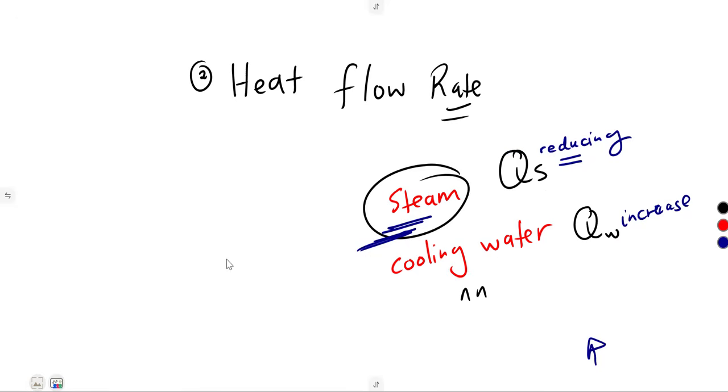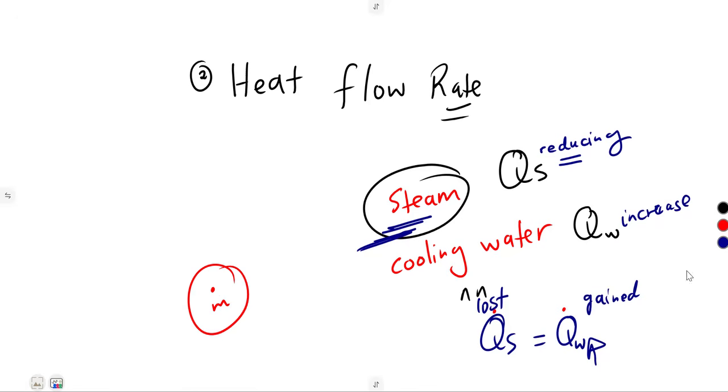The heat lost by the steam must be exactly equal to the heat gained by the water. So you can even use this illustration for the heat flow rate, though it's not that much considered in your syllabus, unless you're talking about the mass. The mass must show that this is the mass flow rate that you're given.